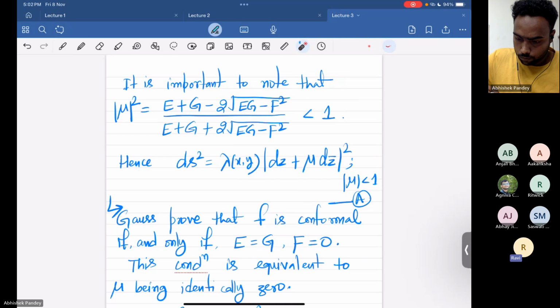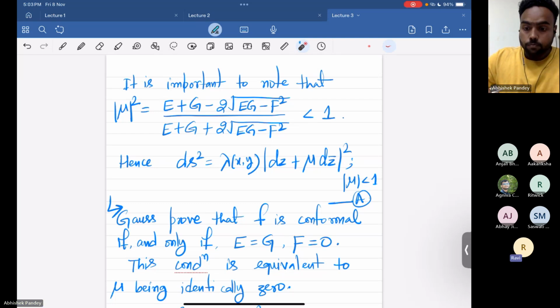E G minus F square cannot be 0. We'll come to that one. They are basically forming a symmetric positive definite matrix. I will come to that one.